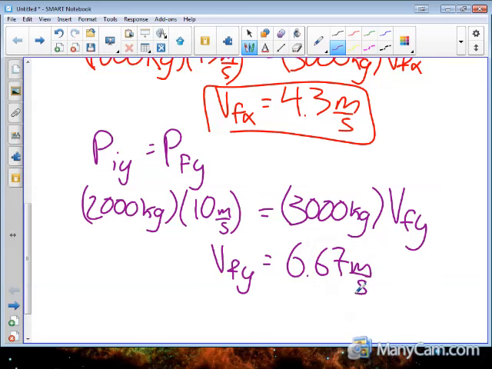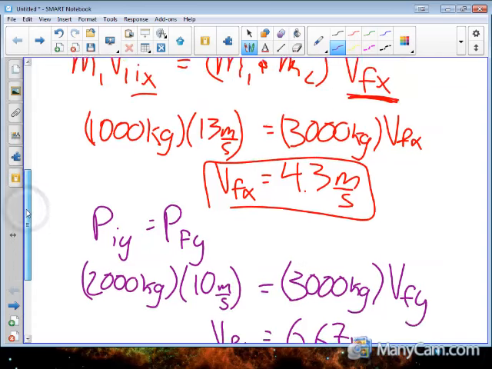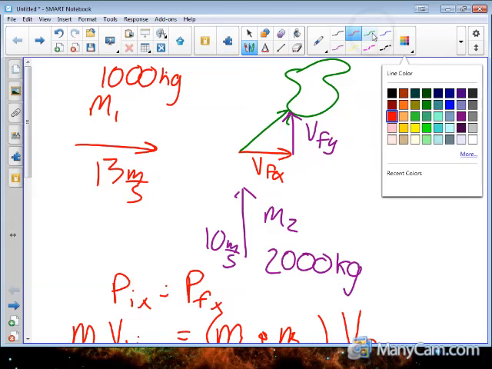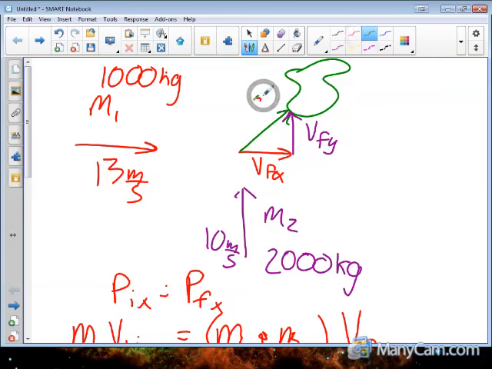Alright, but that's not our final answer. That's the parts of this triangle. That's the final velocity y, and in red I had VFX. But what I'm really asking for is the overall final velocity and the angle. So I have to figure out the hypotenuse of that right triangle.